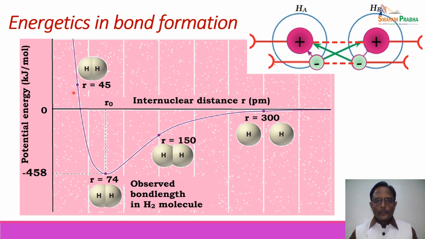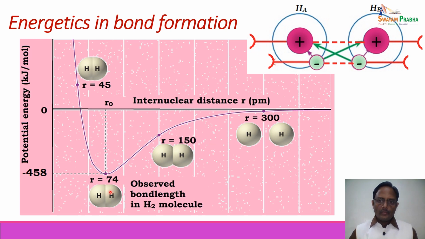Now, if we observe this graph carefully, the most stable state is this point where the internuclear distance is 74 picometers and the net release of potential energy is 458 kilojoules per mole. This is what is called the bond energy, and at this moment we say that the bond is formed.